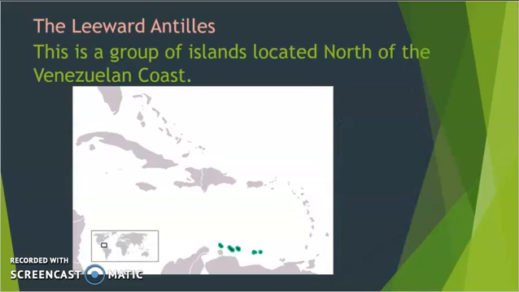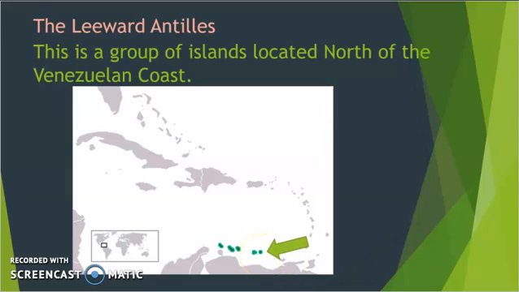Let's look at another group of islands that belong to the Caribbean, and they are called the Leeward Antilles. So don't mix them up with the Leeward Islands, right? The Leeward Antilles. And this is a group of islands located north of the Venezuelan coast. So those are these islands here highlighted in green. Seeing them? Right?